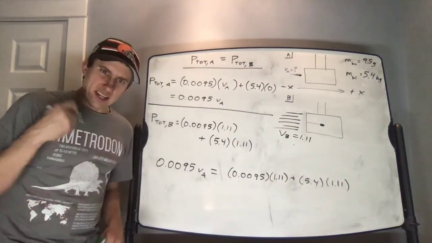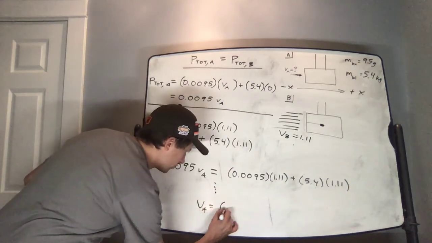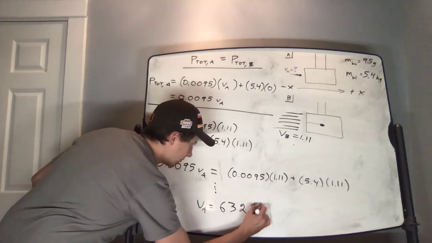So I put these in a calculator and I find VA is equal to 632 meter per second.